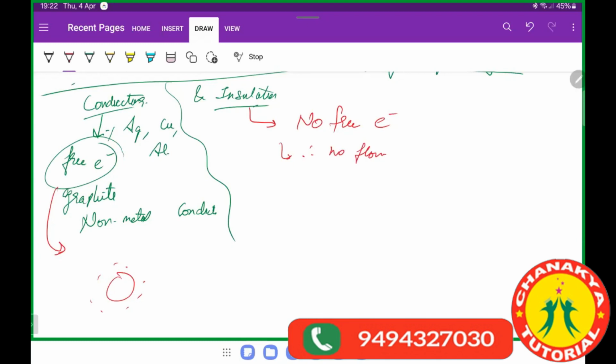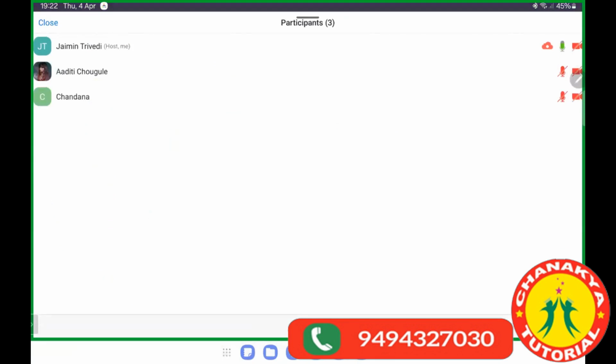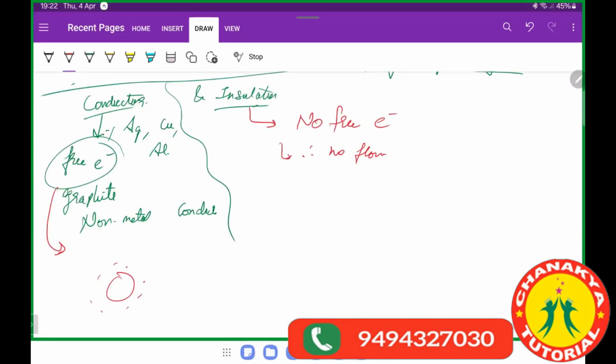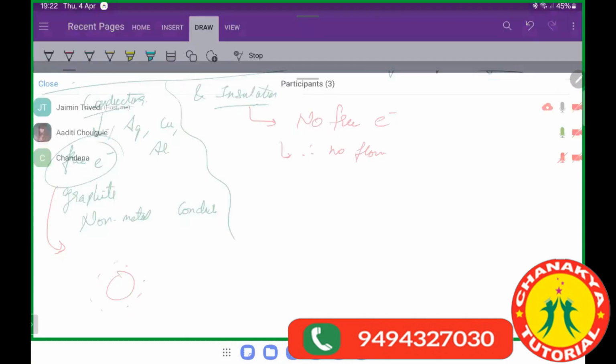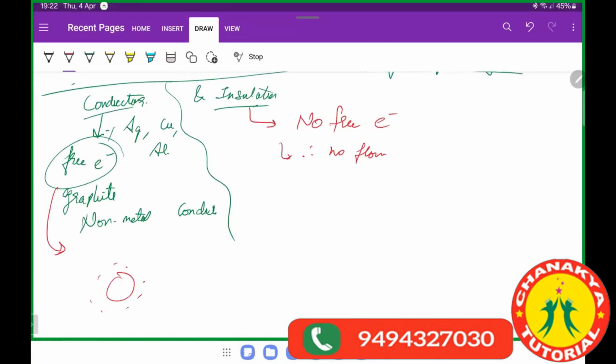So for example, I want one example from both of you. Wood, rubber, plastic. What about Chandana? Any other example except these three? She said glass. Okay, glass.